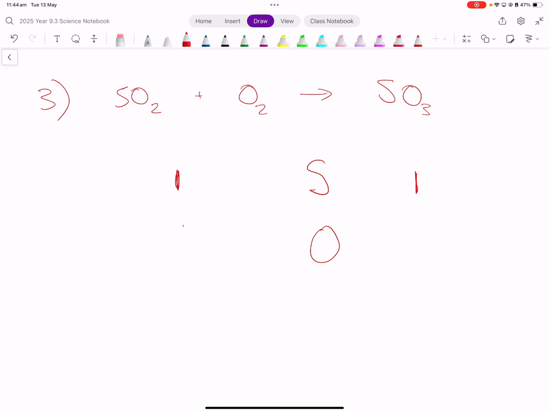Oxygen is actually found in 2 different places. So I've got 2 oxygens in sulfur dioxide, and I've got another 2 oxygens over here. So how many oxygens do I have altogether? I have 4. When I then look at the number of oxygens I have on the right side, I have 3.